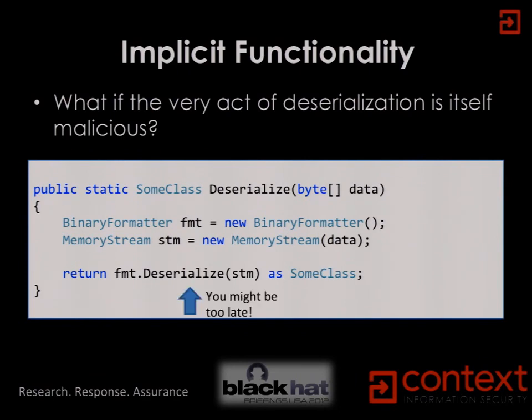So in this particular case, this bit of code which is doing deserialization, you've taken potentially untrusted input into the system, and before you've even had an opportunity to stop that deserialization process happening, you've already been done over. And that's the sort of potentially risky scenario of using this mechanism.